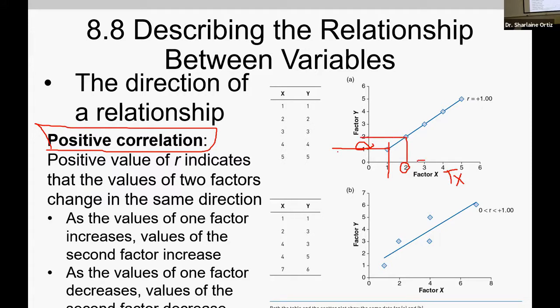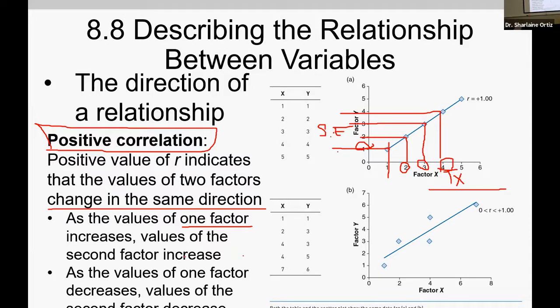So notice that when one data point went up, the next data point went up. That means that these factors are going to change in the same direction, right? So if one factor increased, for example, the amount of therapy, notice that your self-esteem, for example, increased, right? And again, these are, of course, hypotheticals.